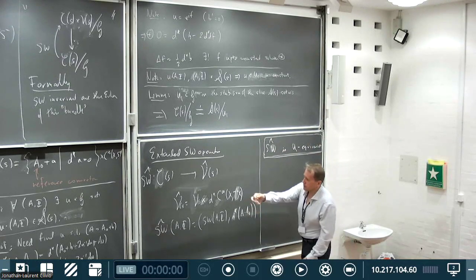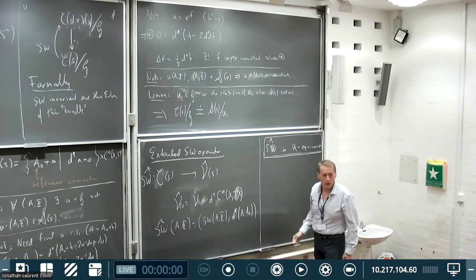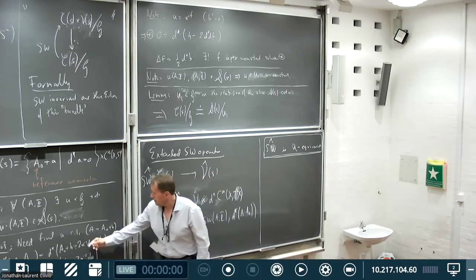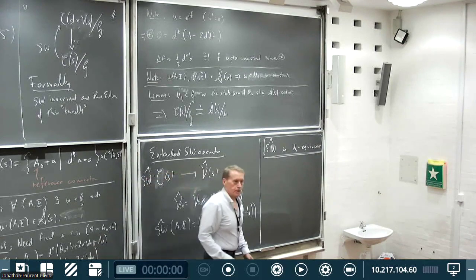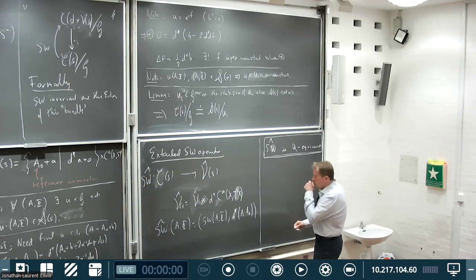This part obviously kills off the symmetry under gauge transformation, but that was exactly what we did down here, right?